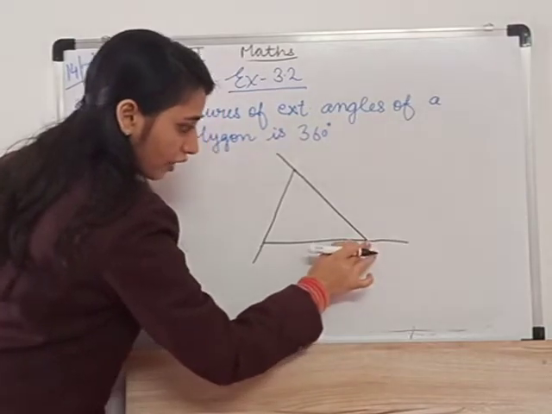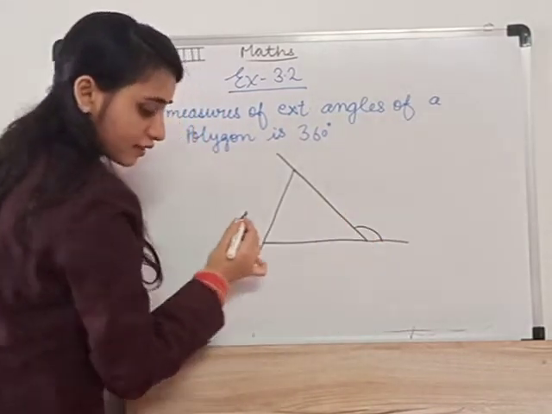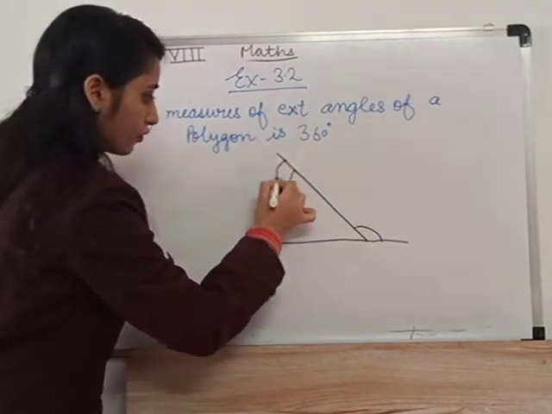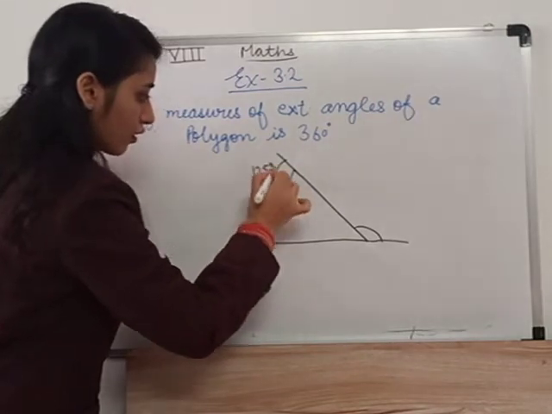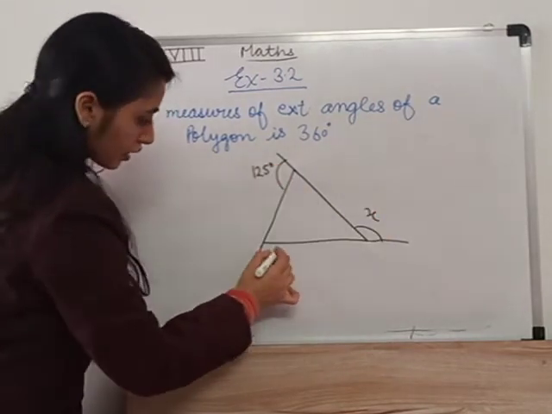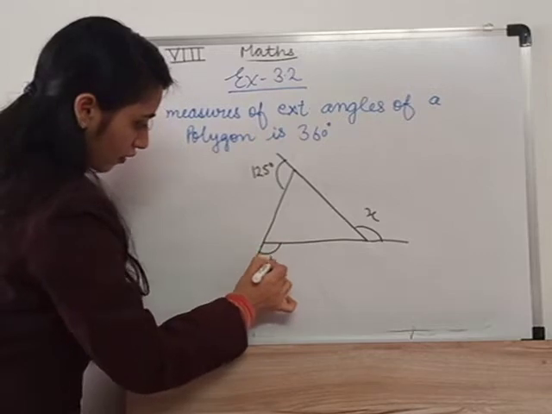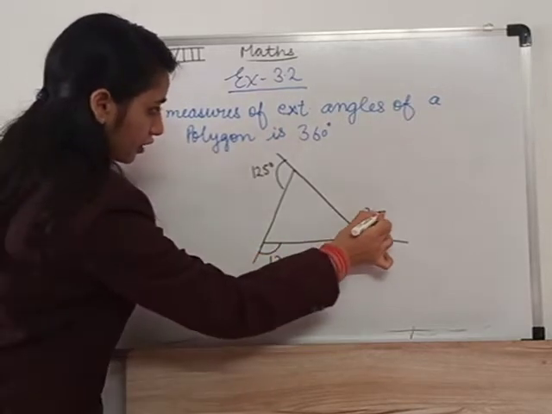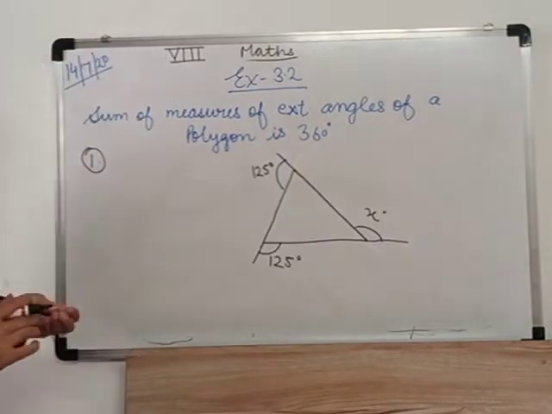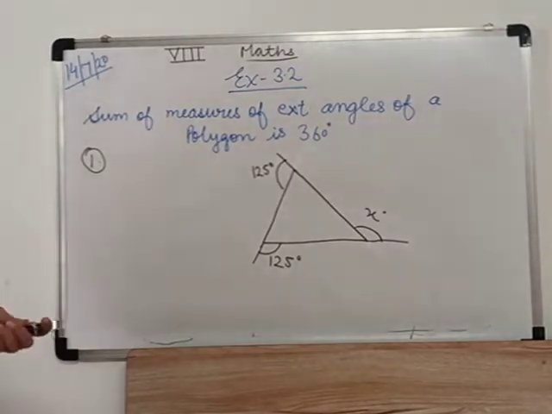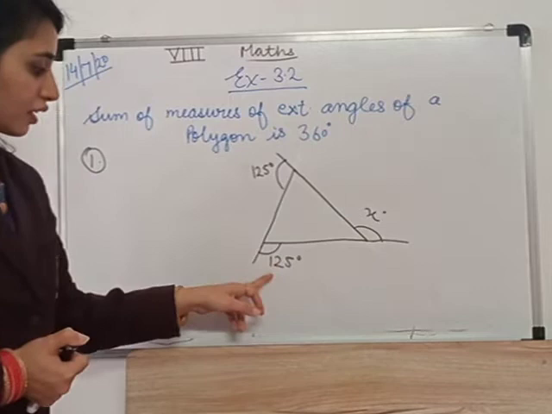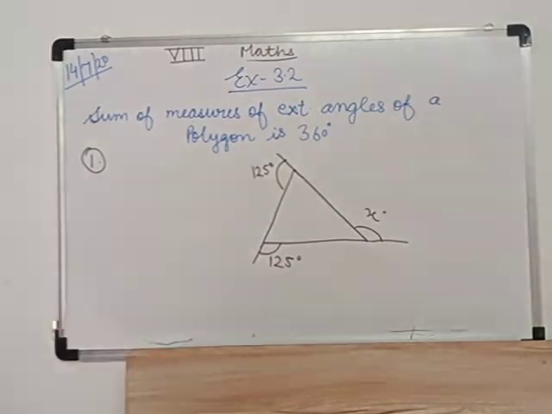All the exterior angles are given. This angle is 120, this angle is x degree, and this angle is 125 degree. Two angles are 125 degree and one angle is x degree.